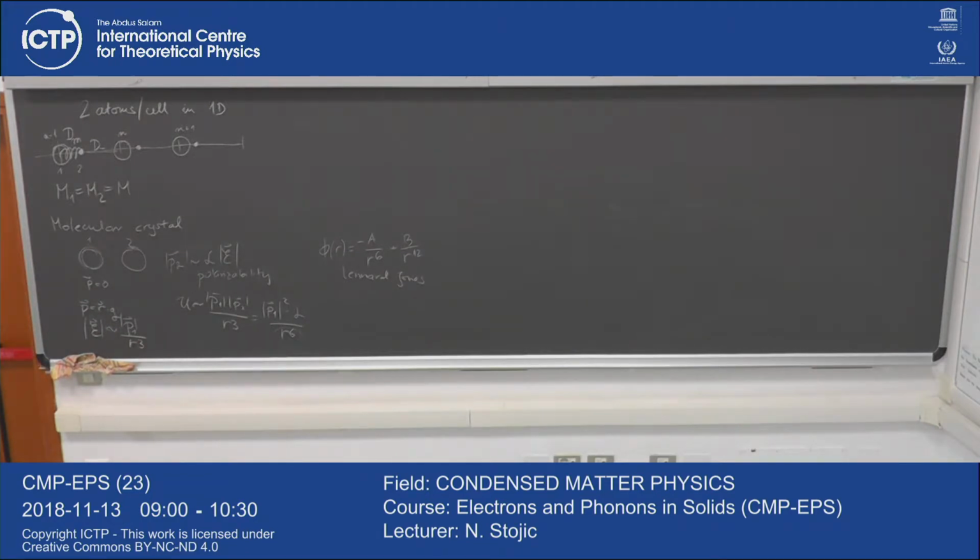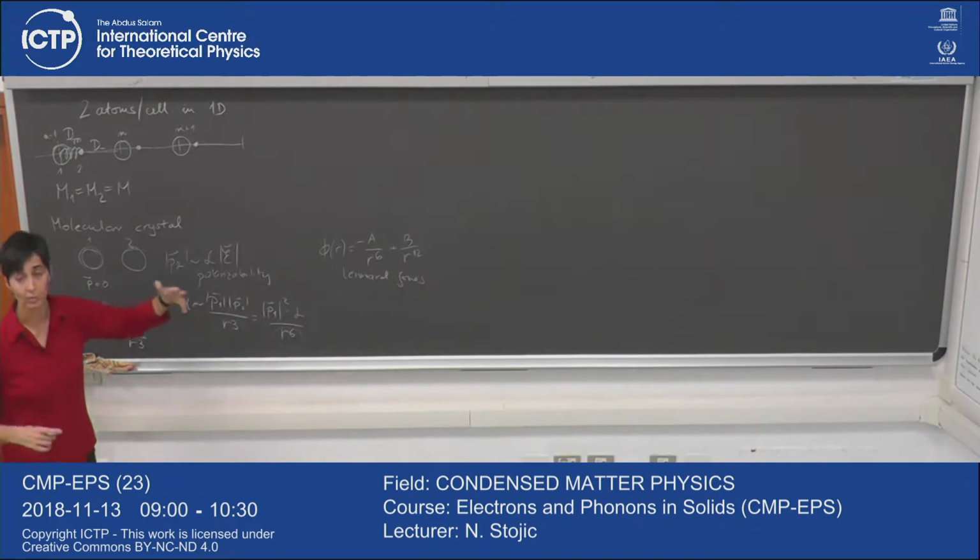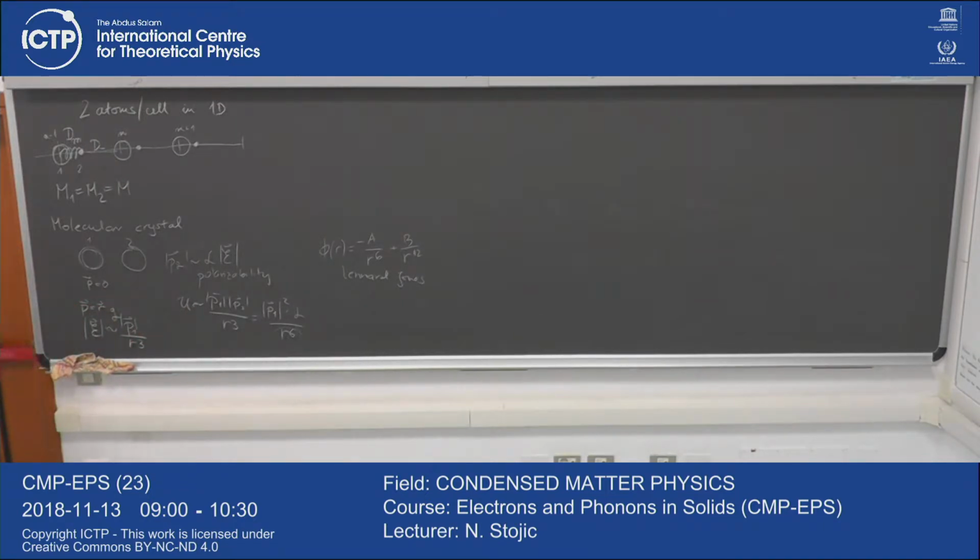It's well defined. You cannot do this so easily, the interatomic potential for metals. It's much more complicated. Here it's enough almost to sum over all the pairs, and you're fine. For covalent and metals, you need more complicated interactions.